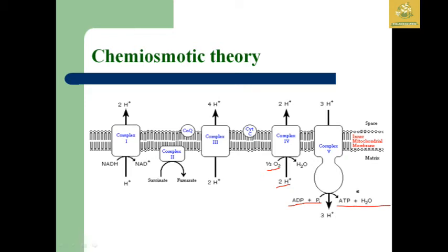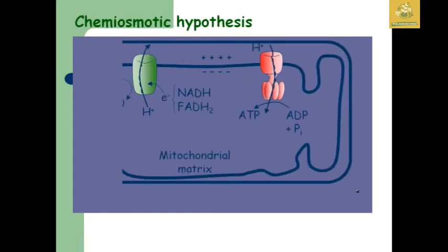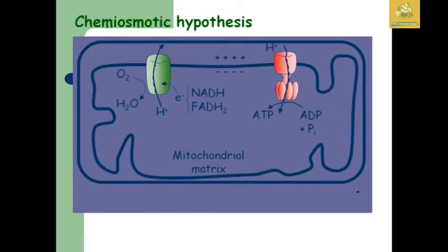It's how the reaction takes place, as well as the assumptions made by the chemiosmotic theory. While seeing an animated form of the chemiosmotic theory, it's how the reaction, where half a molecule of oxygen with hydrogen ions produces water, as well as ATP, is derived from ADP plus Pi in the mitochondrial matrix.